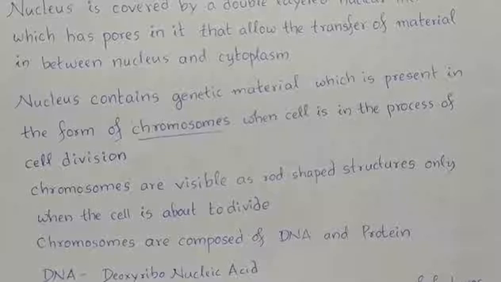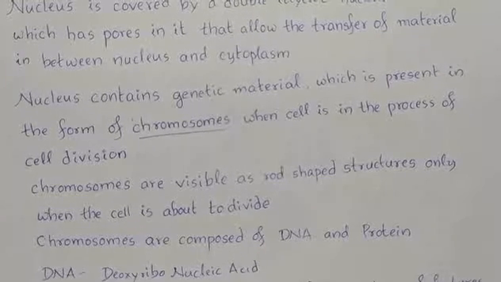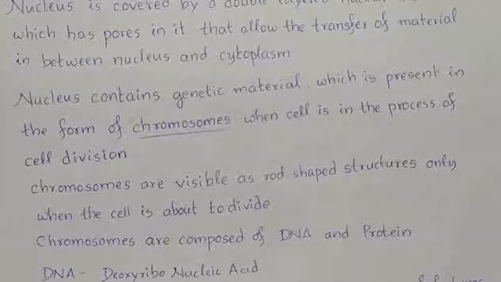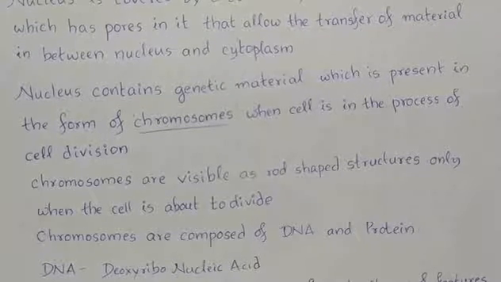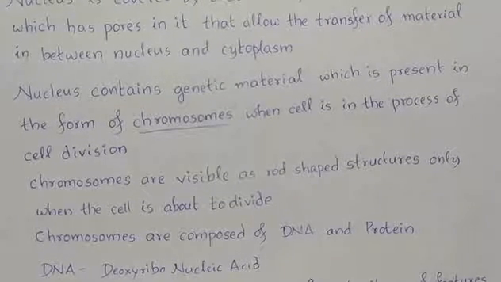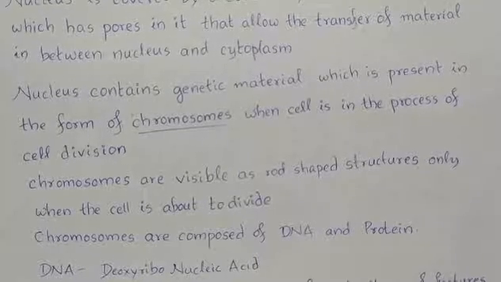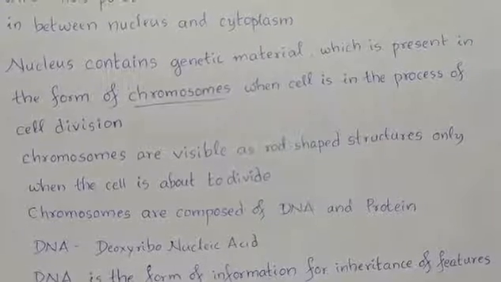Chromosomes are composed of DNA and protein. DNA full form is deoxyribonucleic acid. D for deoxyribo, N for nucleic, A for acid. So DNA, deoxyribonucleic acid. Chromosomes are composed of DNA and protein.